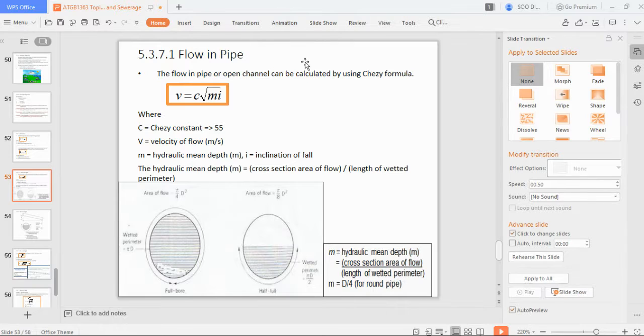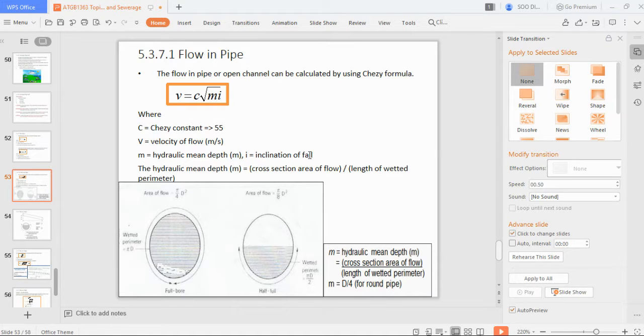In this subject, you will only be dealing with Chezy's formula, which is represented by this. The flow in the pipe can be calculated using Chezy's formula. V equals to C, which can be a constant, 55 if it's given to you, times the square root of mi.